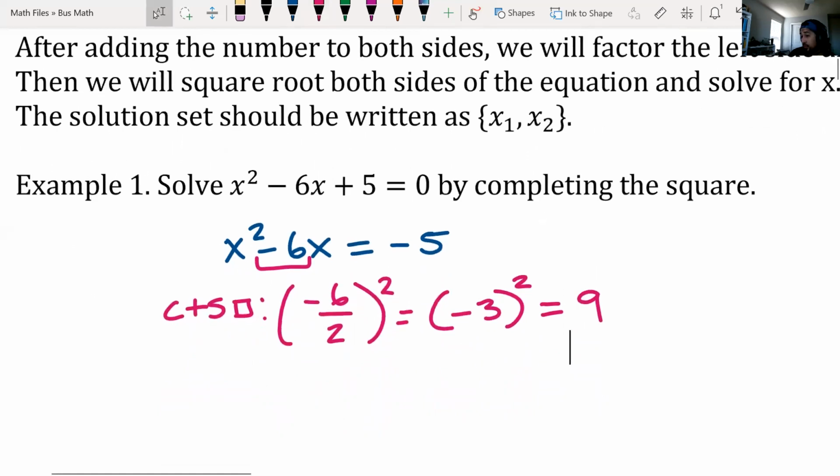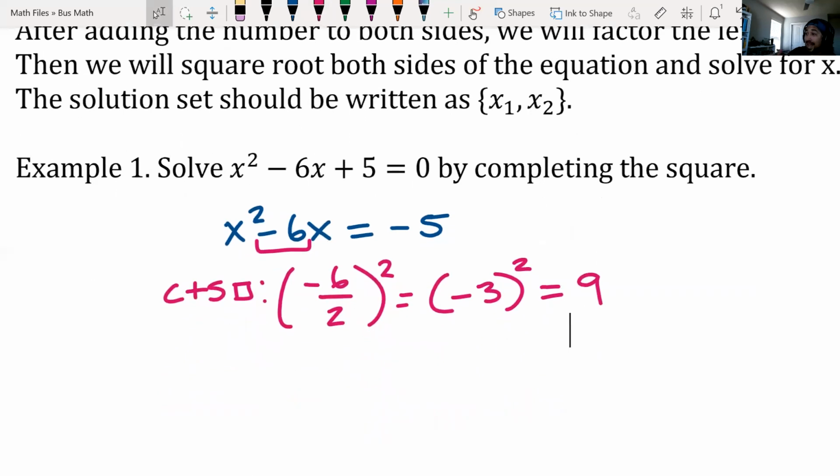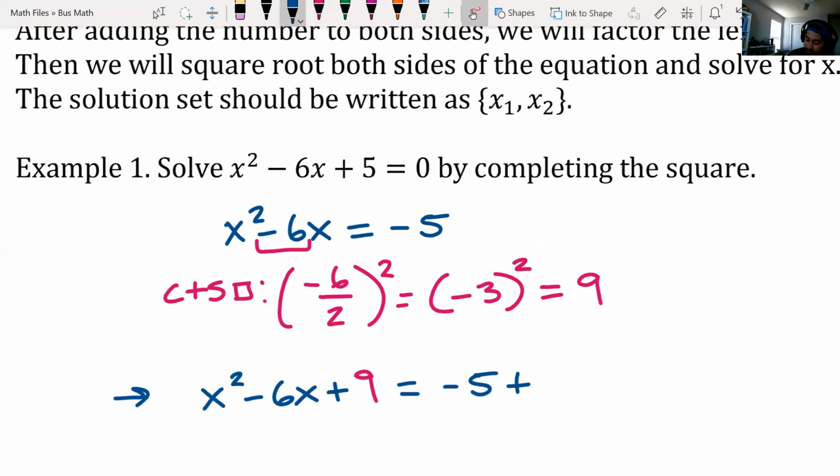Now what we do with this number is, again, we add it to both sides of this equation. So I'm going to get x squared minus 6x plus the 9 we got from completing the square, and set it equal to negative 5 plus the 9 we got from completing the square.